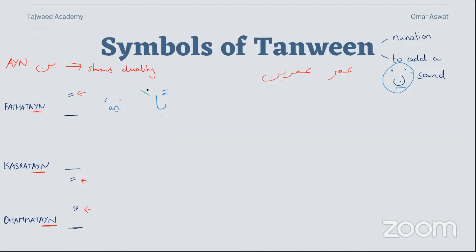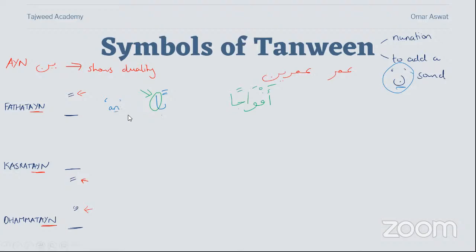Any letter with fathatain is written with an alif. An example would be afwajan. It'll always be written with an alif.